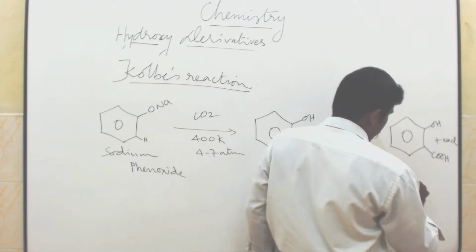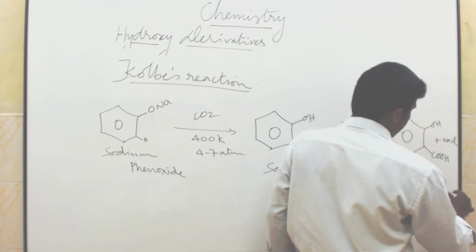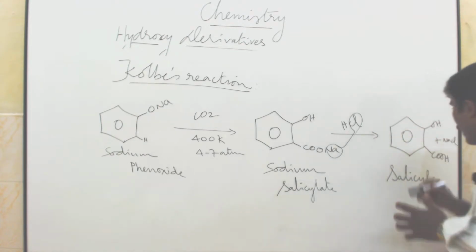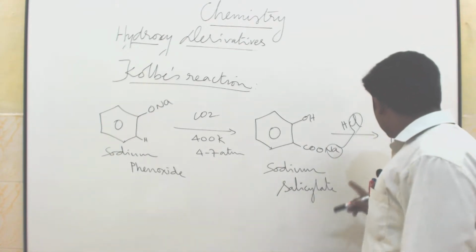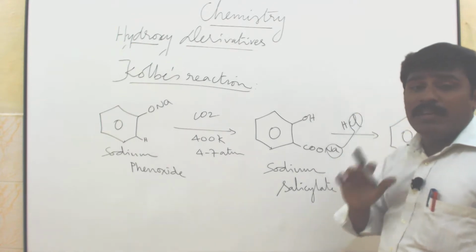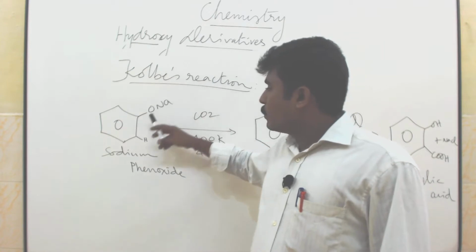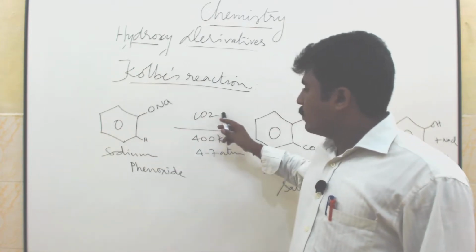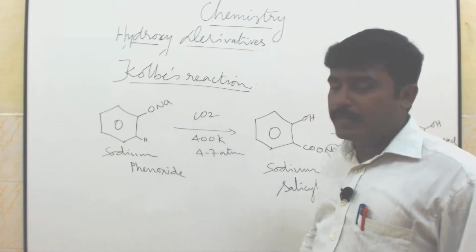It is nothing but salicylic acid, otherwise called orthohydroxybenzoic acid. A very important name reaction, this one. So what is Kolbe reaction? Sodium phenoxide reacts with carbon dioxide at 400 Kelvin, 4 to 7 atmospheric pressure.